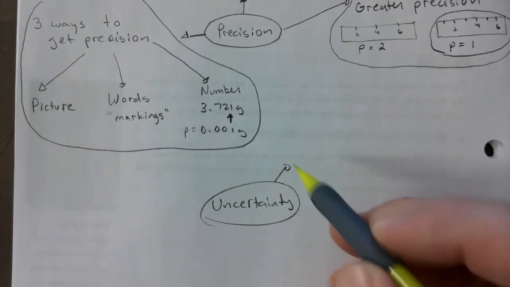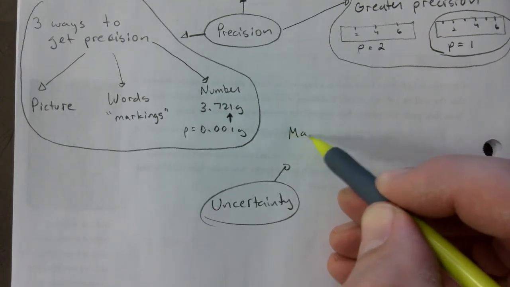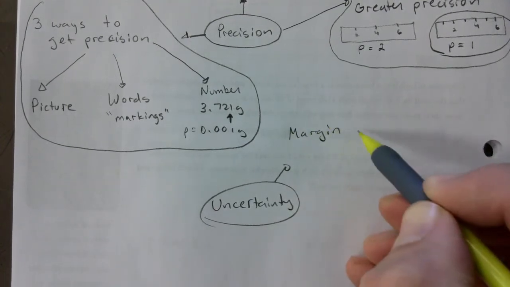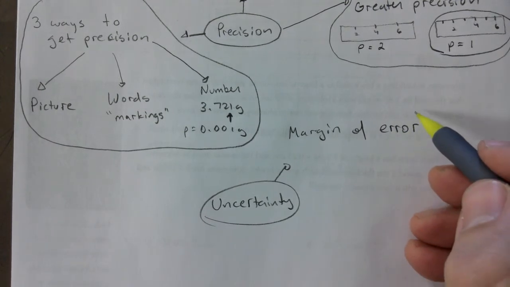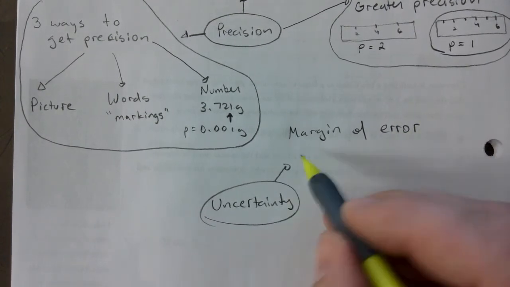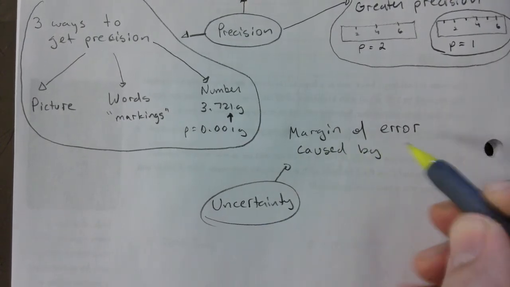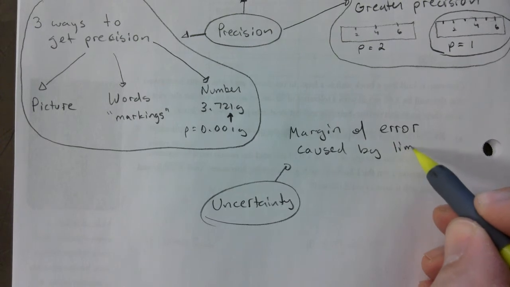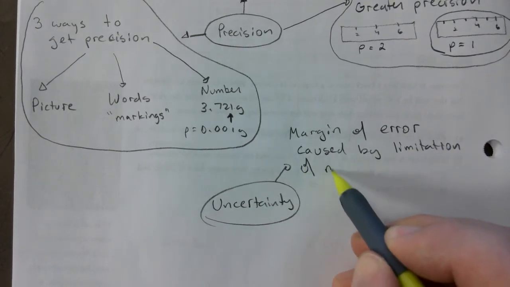It's essentially the margin of error. Caused by the limitation of the measuring device.